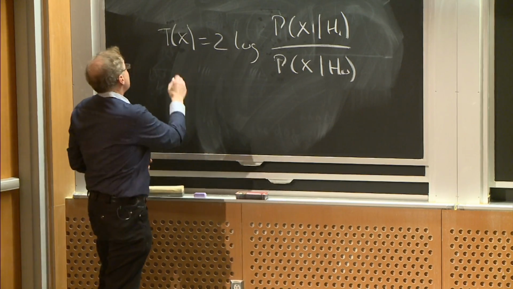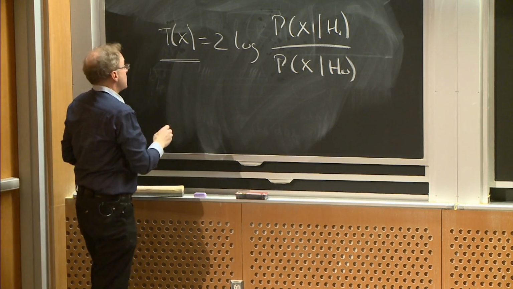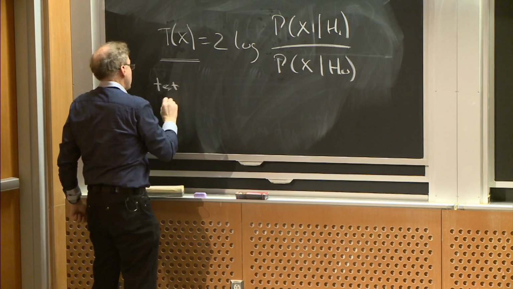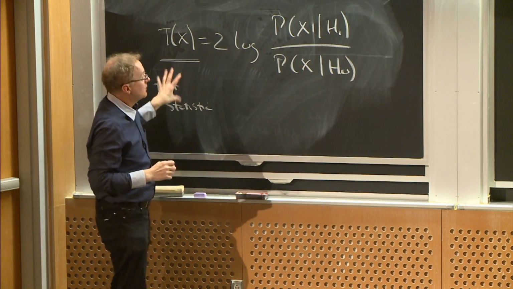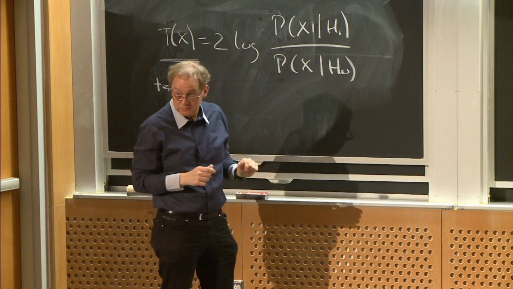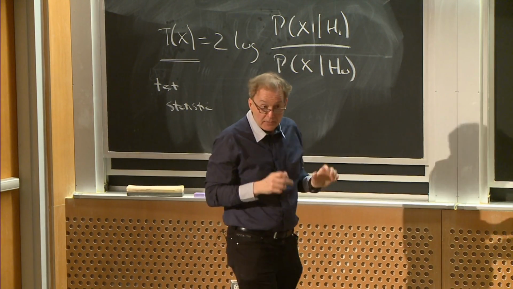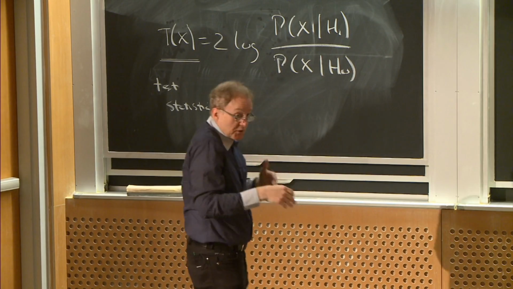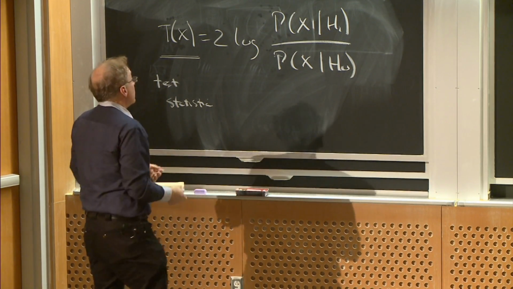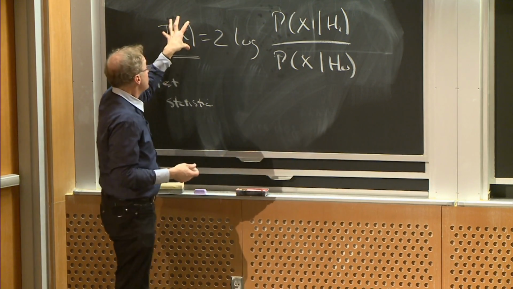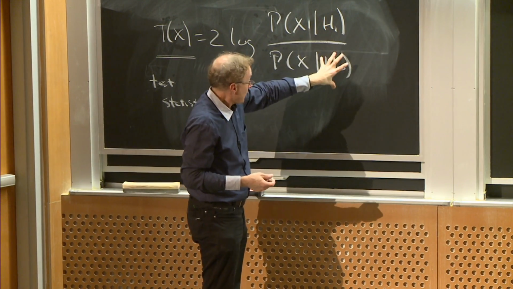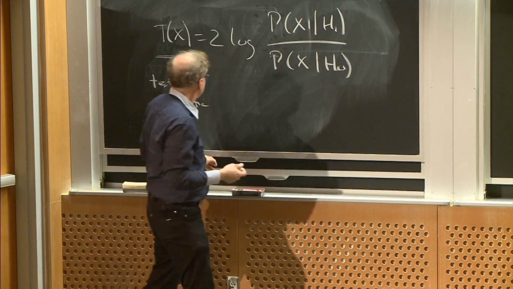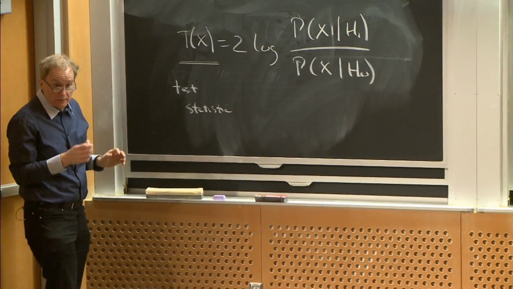What we need is a distribution for this test statistic that occurred if H0 was true. And that distribution allows us to compute the probability that an observed value for the test statistic occurred even assuming that H0 was true. Okay?